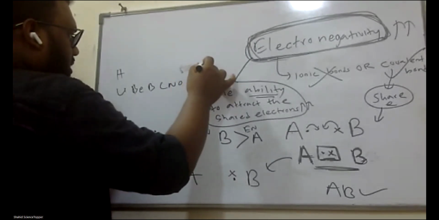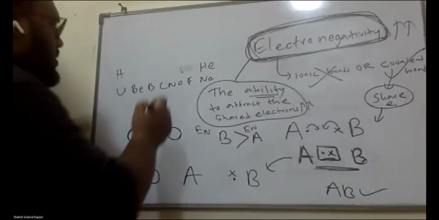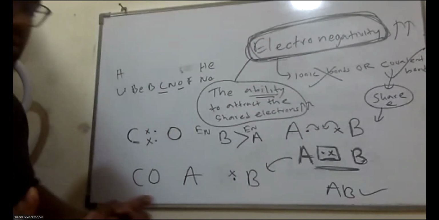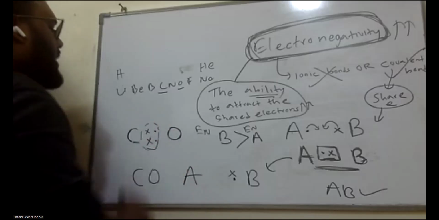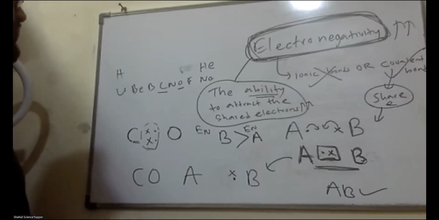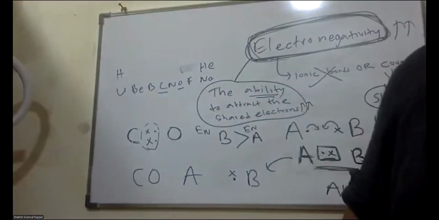Now tell me, what are the 2 atoms we are talking about? Carbon and oxygen. Now you tell me, where do I need to write this pair of shared electrons? Near to who? Near to oxygen.